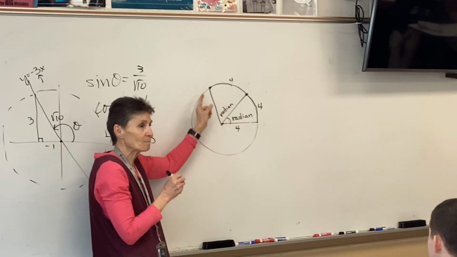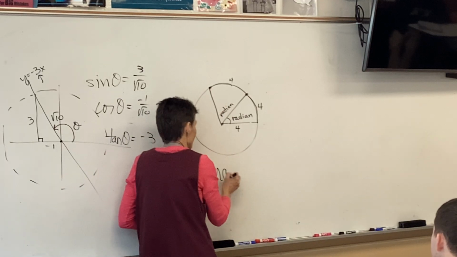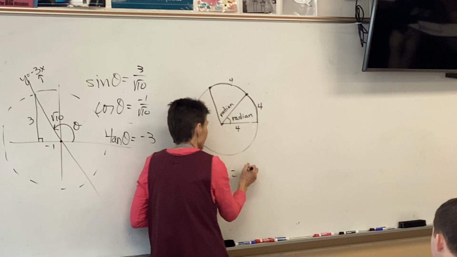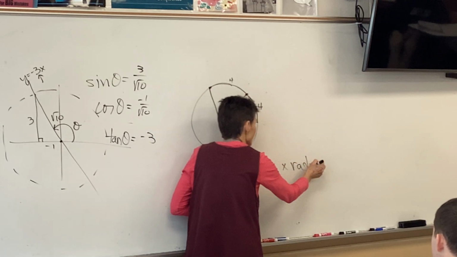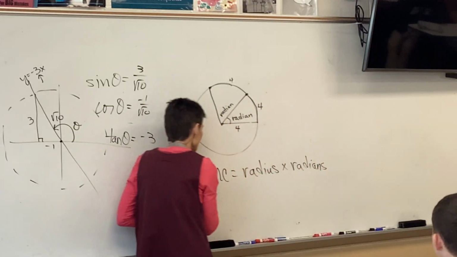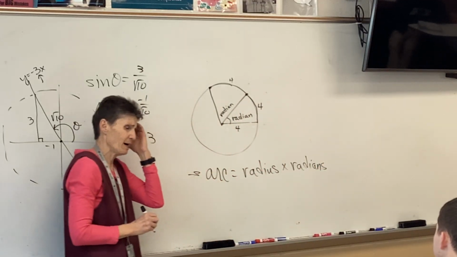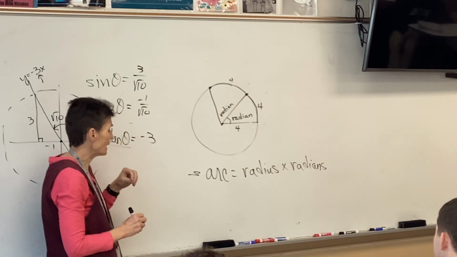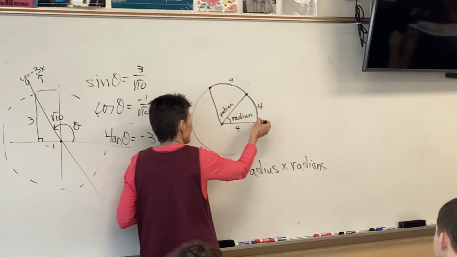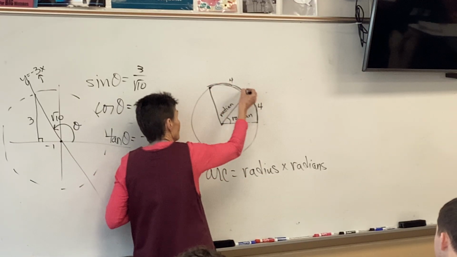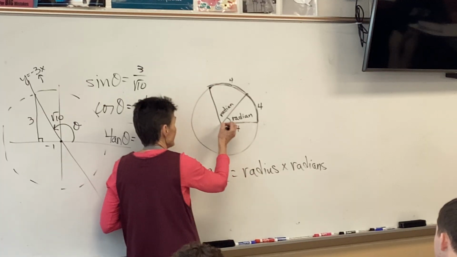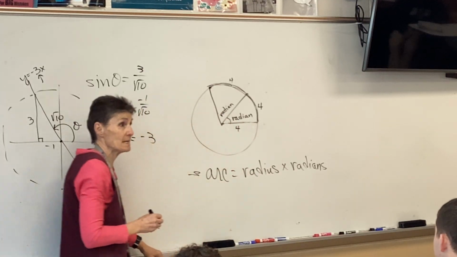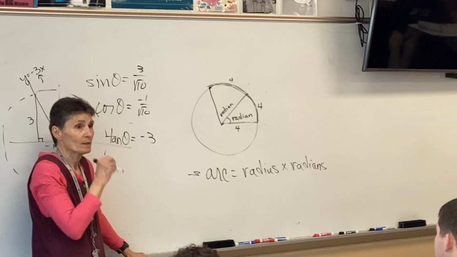Arc length is the product of your radius times your radian measure. So this is kind of a handy thing to keep in mind. We don't use it in fun, but if you're interested in the arc length, it will always be the product of whatever your radius is times the number of radians in your angle.